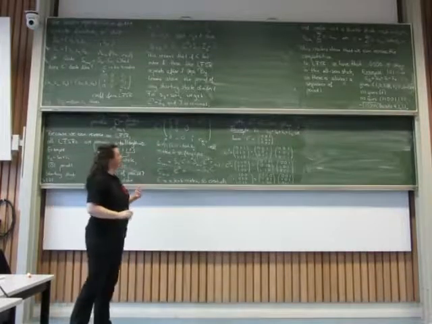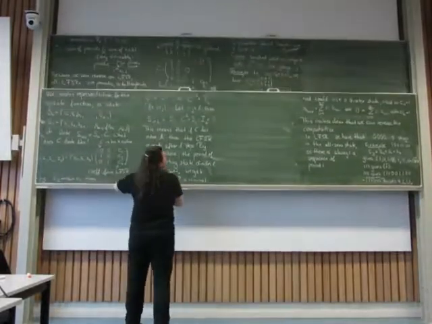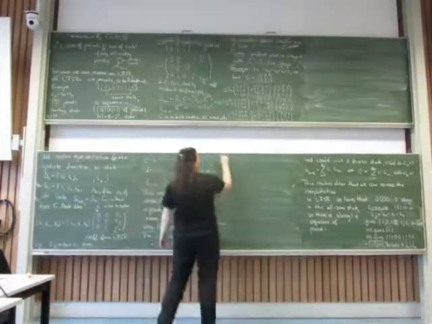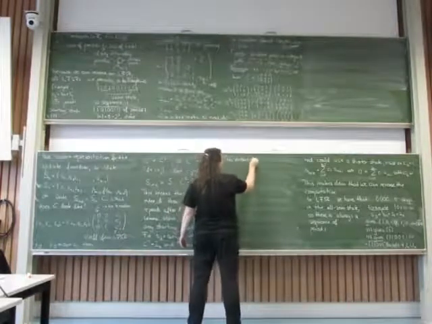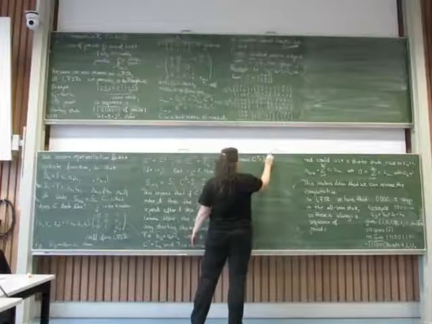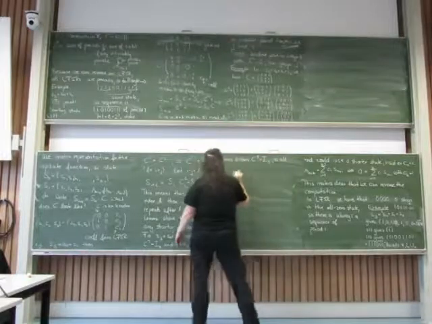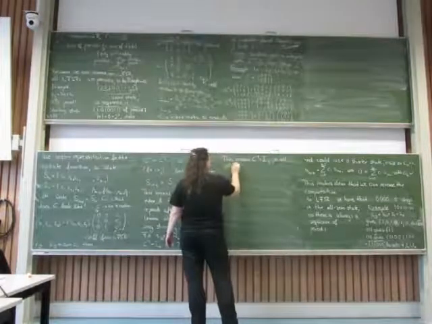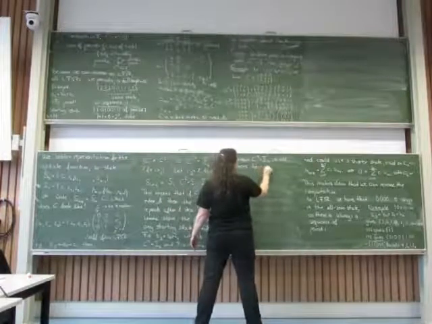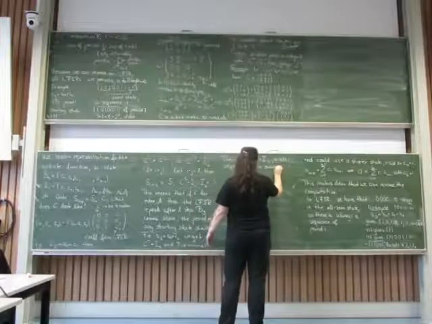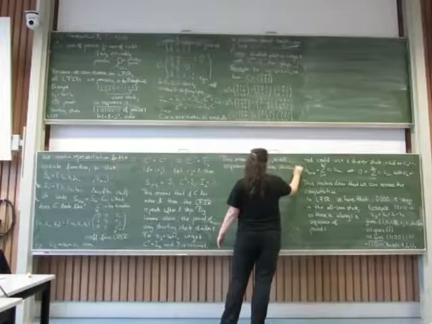And so all the possible orders we can see are divisors of 4. So this means C to the 4 is the identity matrix of 3 elements. So all sequences have orders dividing 4.